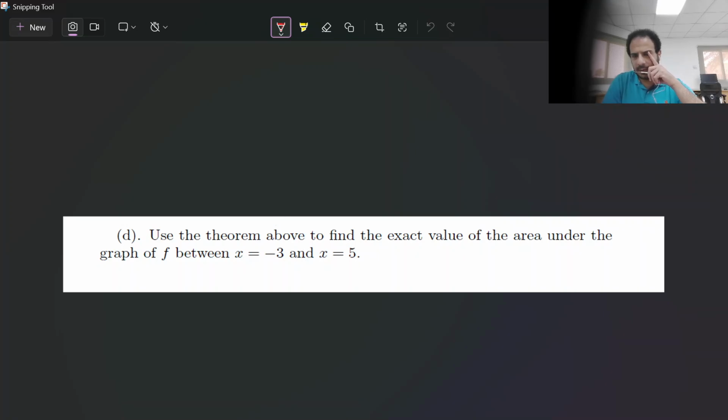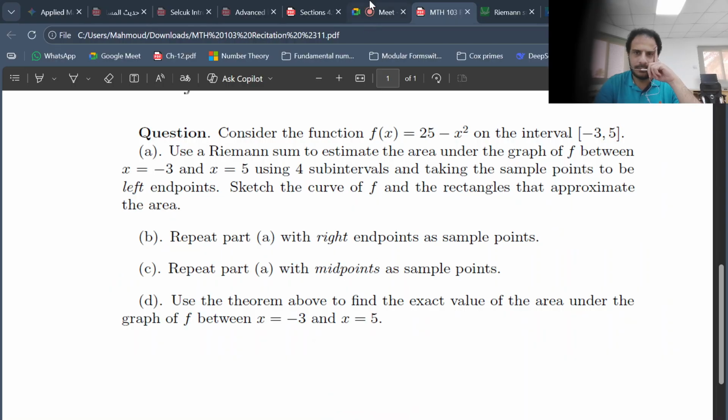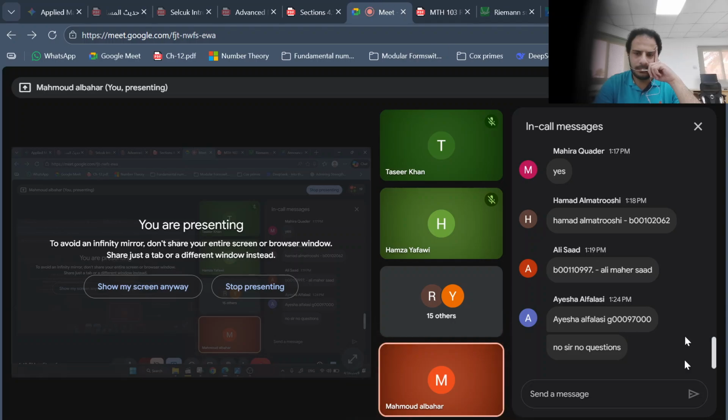Left sum or right sum to find the exact result? What do you want? Left or right?